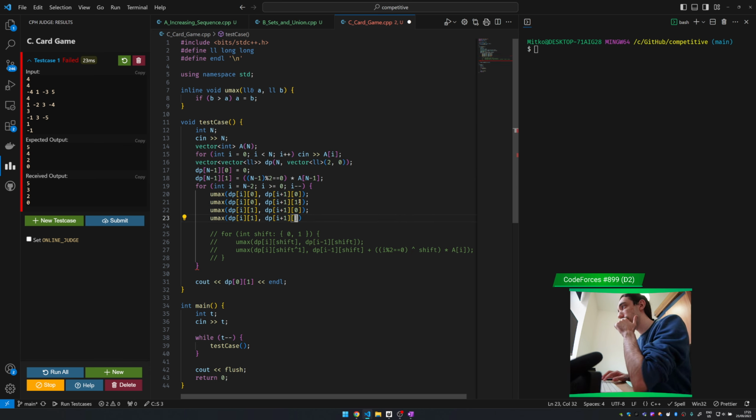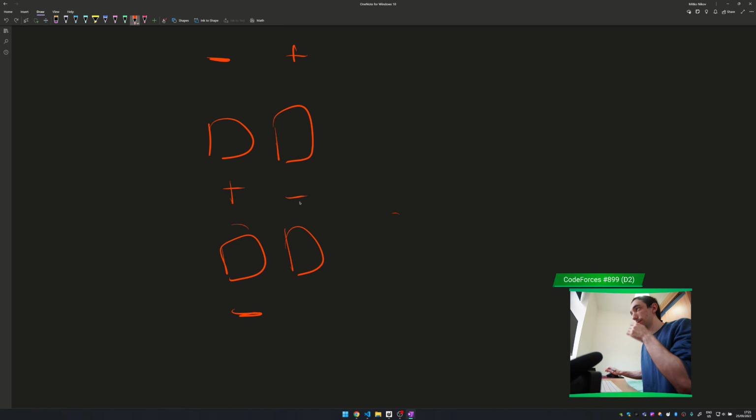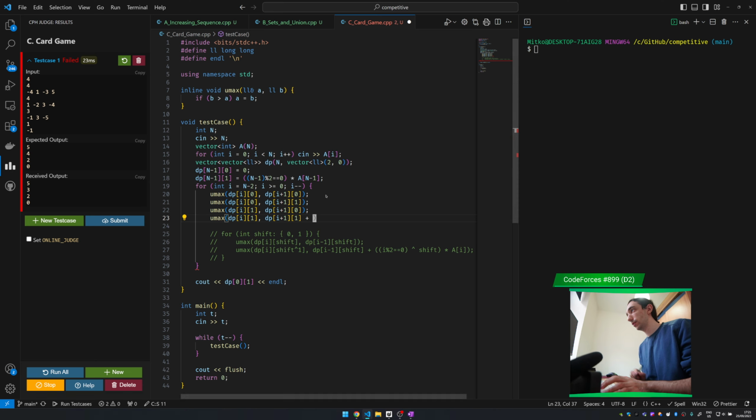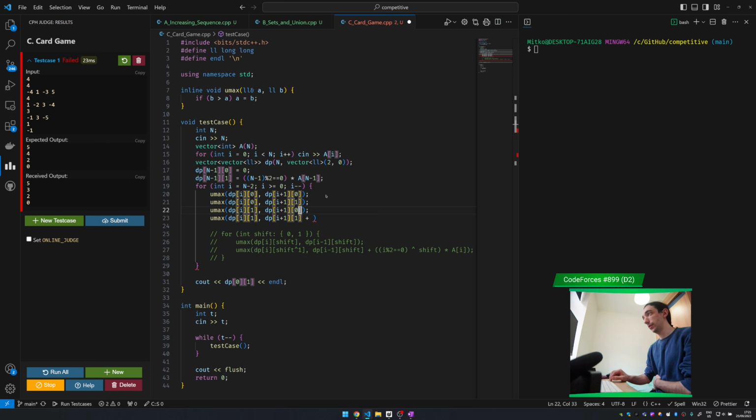So this is here, but in case we want to buy this element, then of course this is a plus, right? And we want to say that we buy this element, right? So there's this.